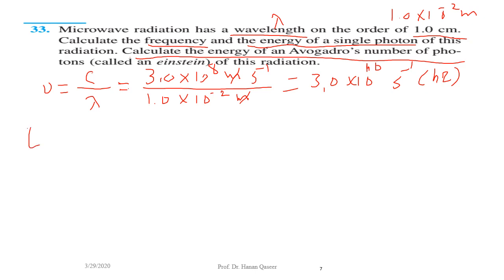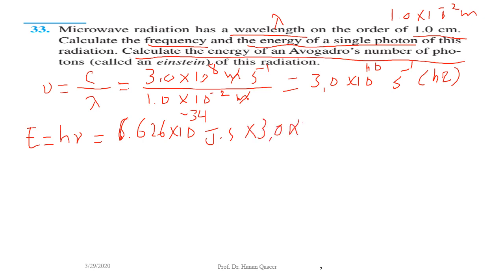Second, we need to calculate the energy from the equation E equals h nu, where h is Planck's constant, 6.626 × 10^-34 joule second, multiplied by the frequency 3.0 × 10^10 second minus 1.